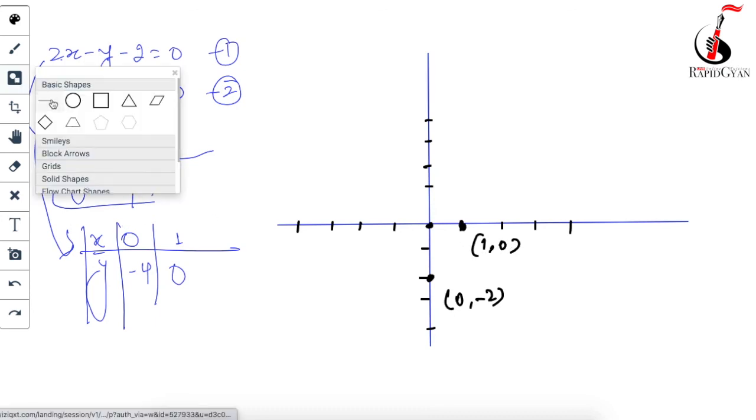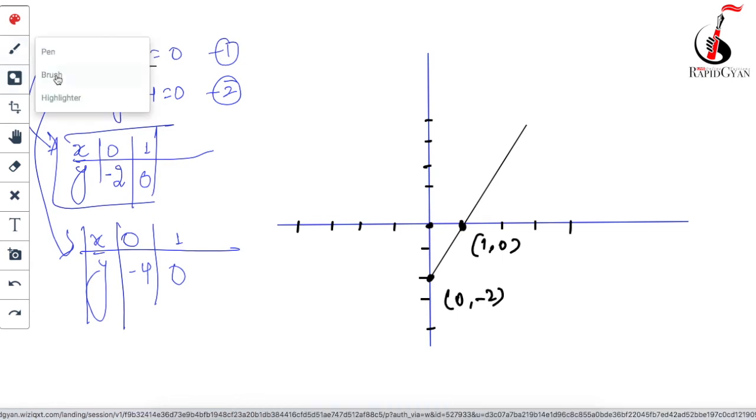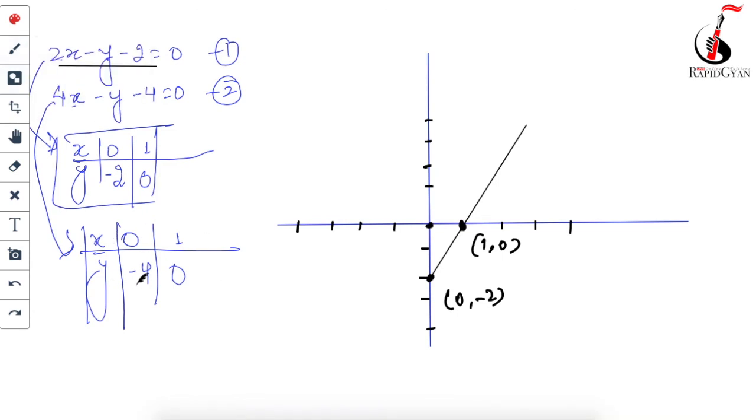Okay, so let's draw that line. I will draw a line from here to here. This line is representing 2x minus y minus 2. Now find for 4x minus y minus 4. Let me change the color. So this will be the point 0 comma minus 4.